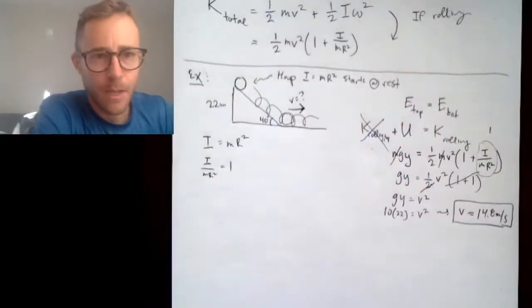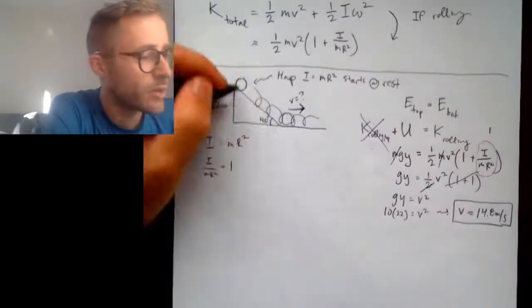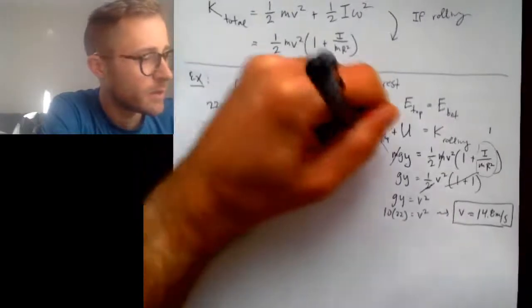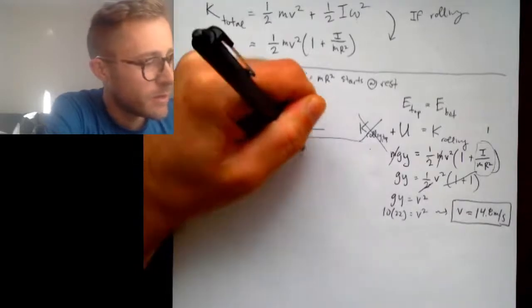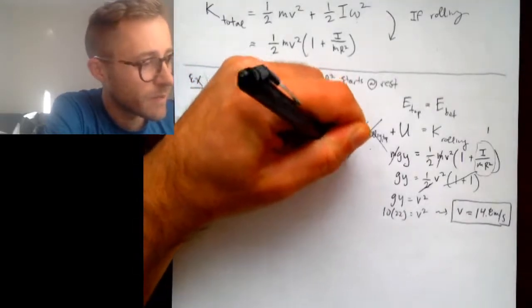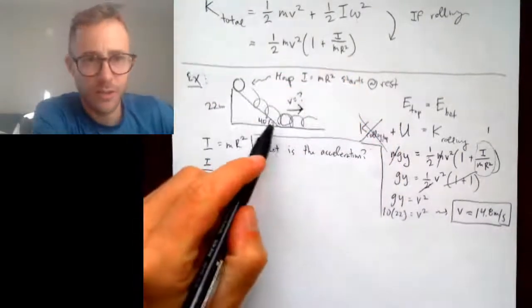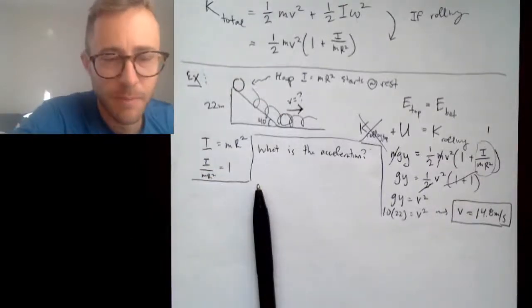But what if I wanted to know what is the acceleration as it goes down the hill? Okay. Now, obviously, once it gets to level ground, the hoop is just going to keep rolling at whatever speed it had.